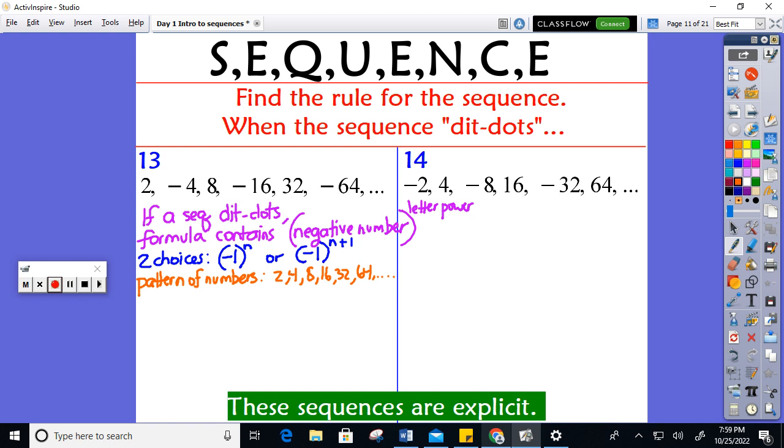That means this sequence is geometric, and that means the formula is exponential. So when I think exponentials, do you see, oh, 2 to the first, 2 squared, 2 cubed, 2 to the fourth, and can you say, all right, now I've got it. The pattern in the numbers is going to be 2 raised to a power.